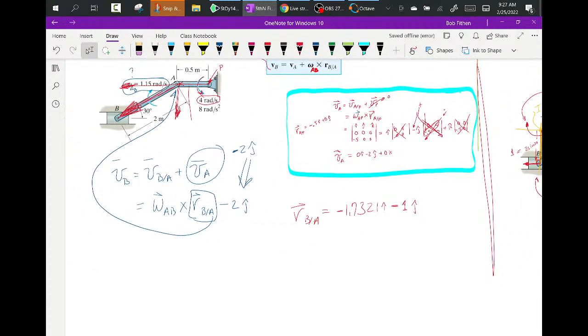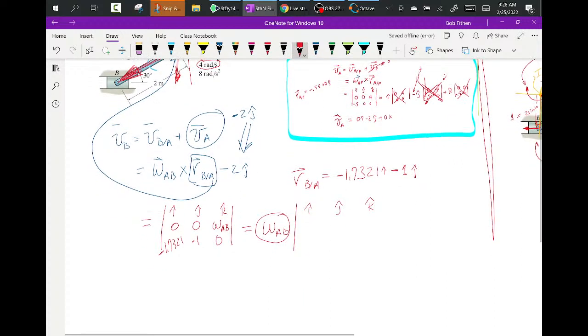So we're going to list this now as I, J, and K. I'm going to show you a little trick here in a second. I am going to assume that omega AB is unknown, then minus 1.7321, minus 1, and 0. So the question is what is this? Now here's what I'm going to do. Omega AB, I, J, K. Why can I take this out?